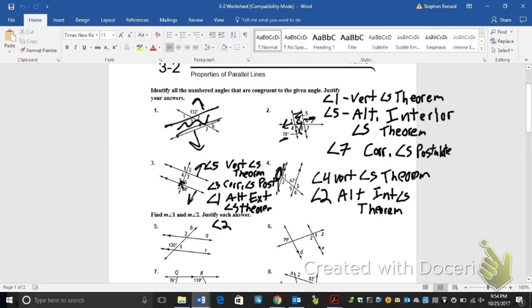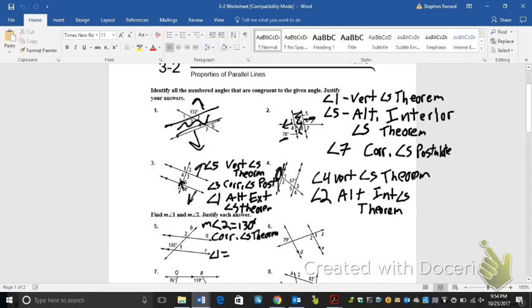We notice they are on the same side of the transversal, and they are in corresponding positions, meaning they're both top left. So that means that angle 2 is congruent, or the measure of angle 2 equals 132 degrees because of the corresponding angles theorem. Now, this gets messy on the drawing, but listen closely and follow along.